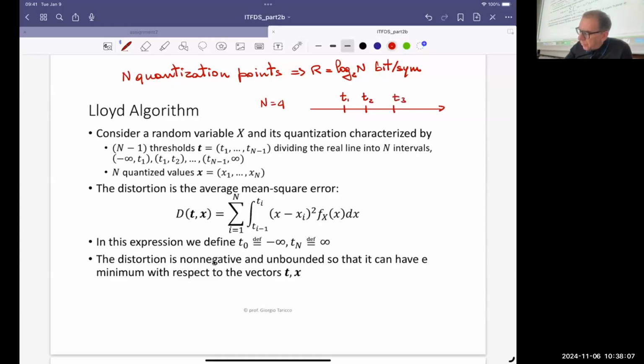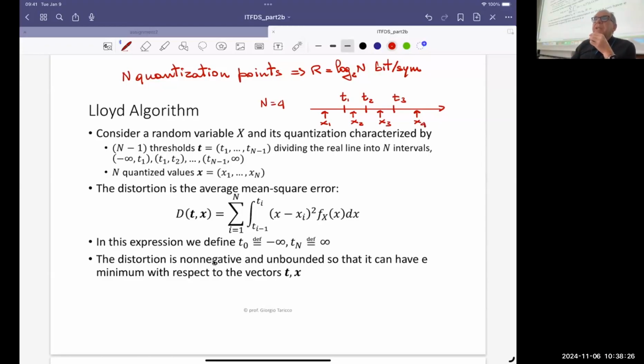The quantization points are located somewhere inside these intervals, and this is x1, this is x2, this is x3, and this is x4.